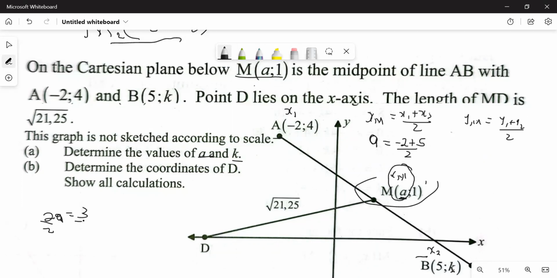Then you divide by 2, and the value of A is equivalent to 3 over 2.